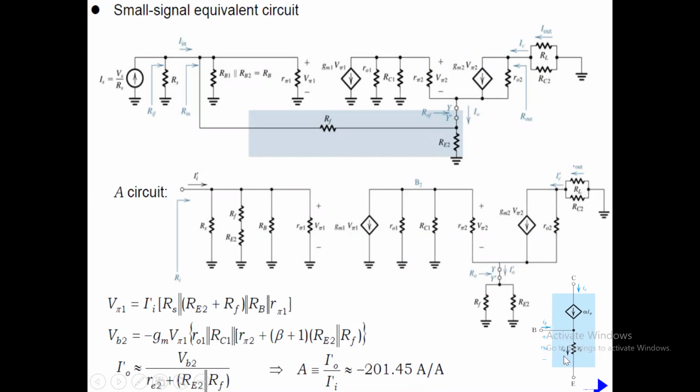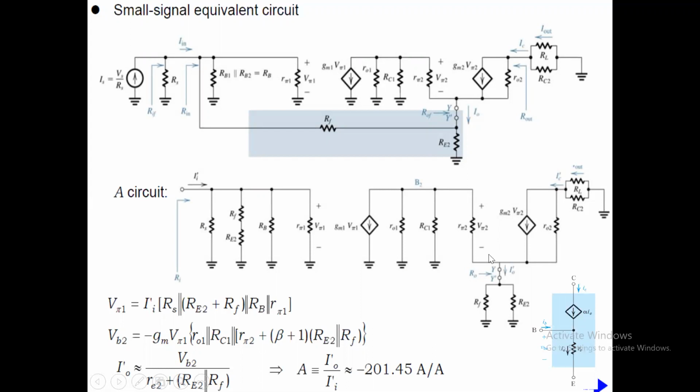RE2 is this value, and then in series with the parallel combination of these two, RE plus RF in parallel with RE2, and then on this side it will be the RC1.